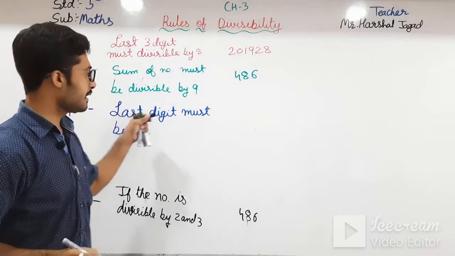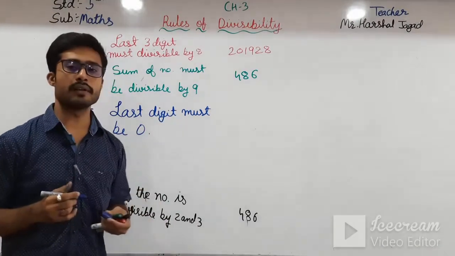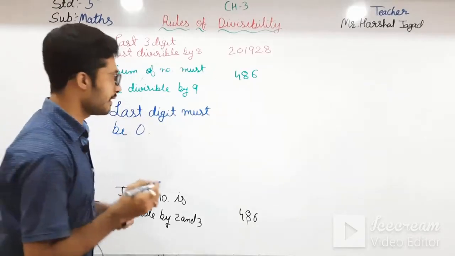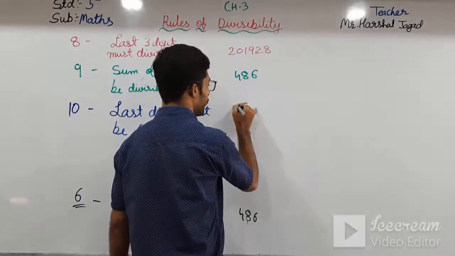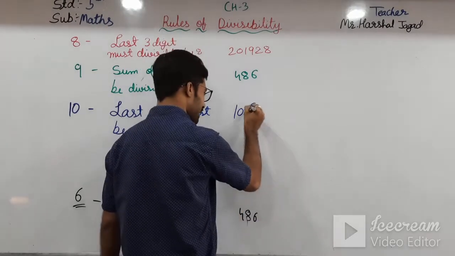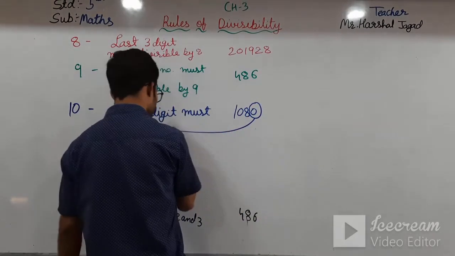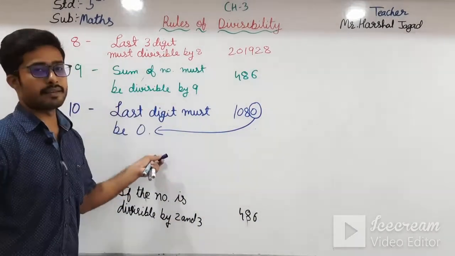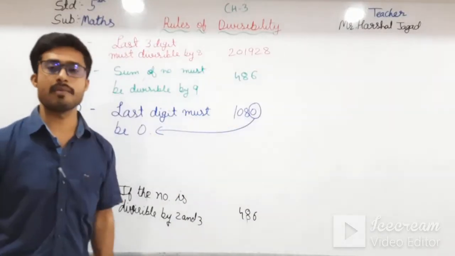If the last digit is 0, then that number is divisible by 10. Let us see an example. If I take 1080, the last digit is 0, so this number is divisible by 10.